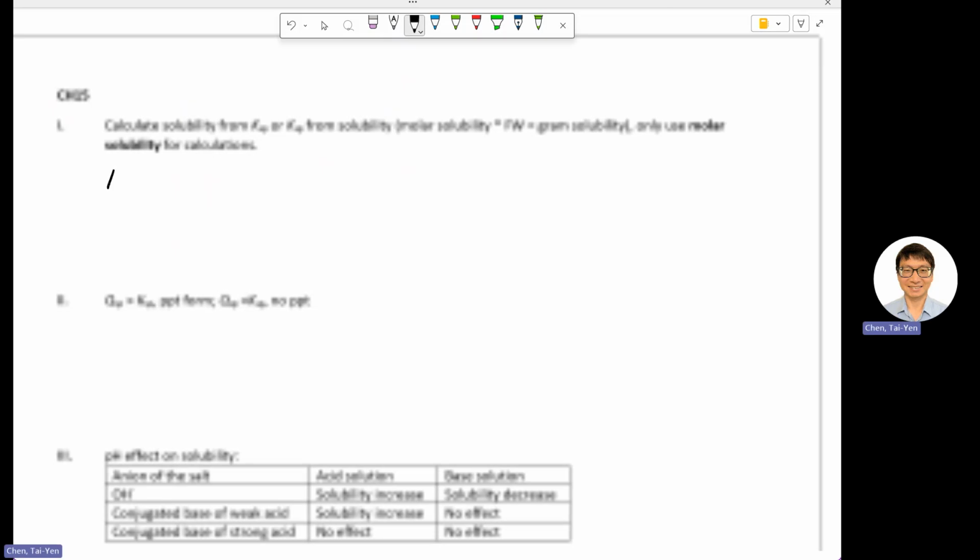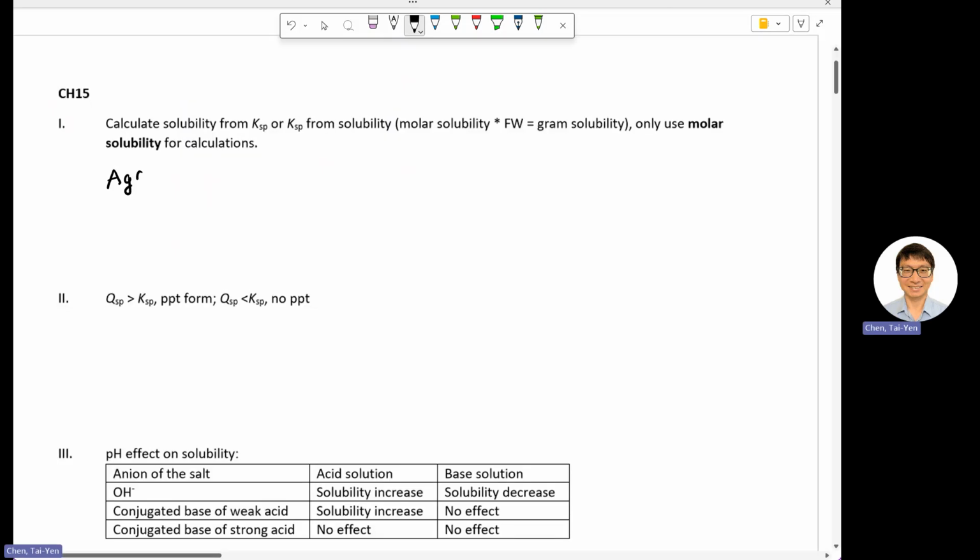I will just go and give you examples. AgCl is one of the most well-known insoluble salts. When we talk about solubility, we mean the solubility of the salt.